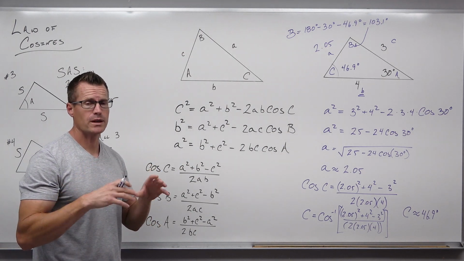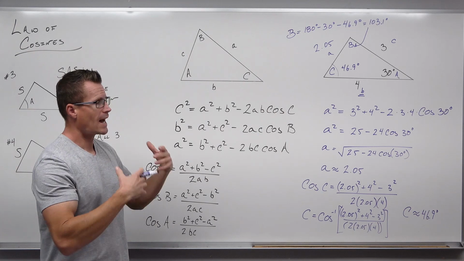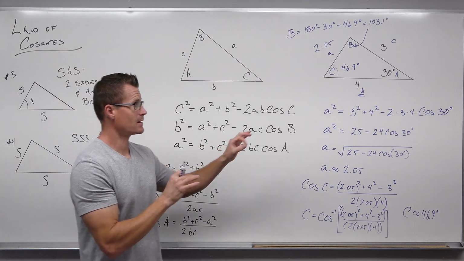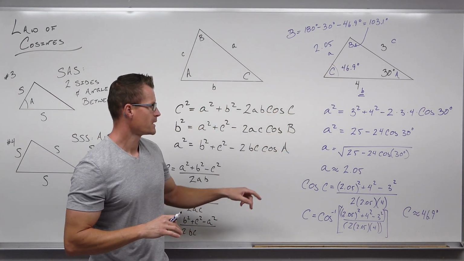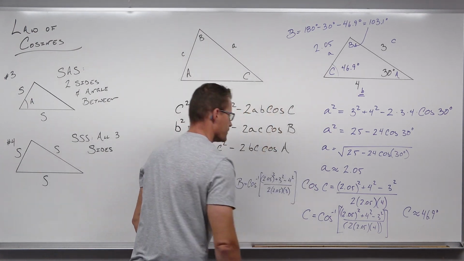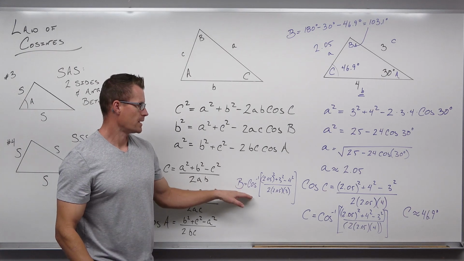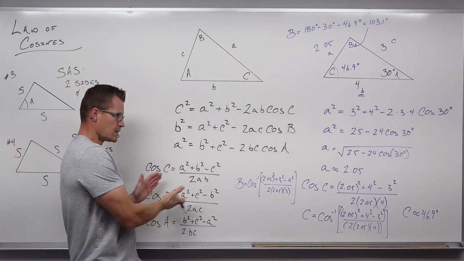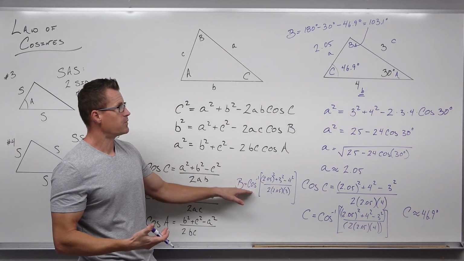Again, if you really wanted to be sure, you would have to set this up again, law of cosines with angle B. I guess we could write it out. Angle B would be, well, cosine inverse. You'd have to take cosine inverse of both sides. Let's see.